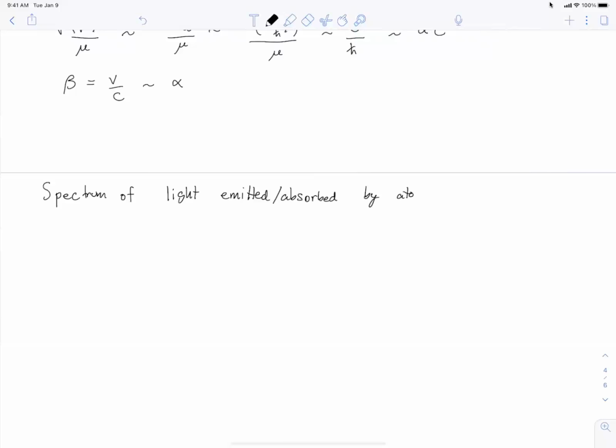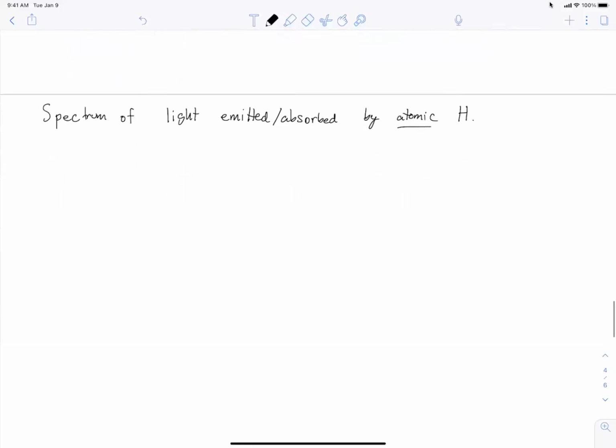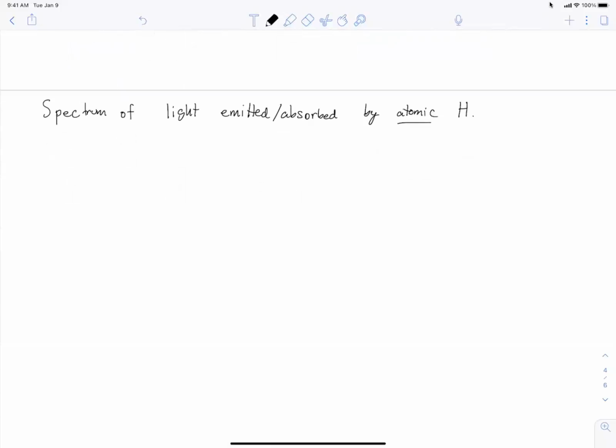It's very important that we specify atomic hydrogen here because on Earth, most hydrogen is actually molecular hydrogen, where it's H2. But in outer space, there's lots of atomic hydrogen. And so if we have a state with principal quantum number n, and another one that's lower with principal quantum number n prime, and we transition between those states, we can do that by emitting a photon.